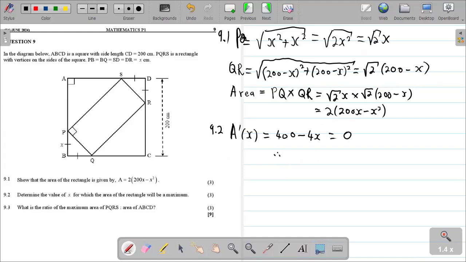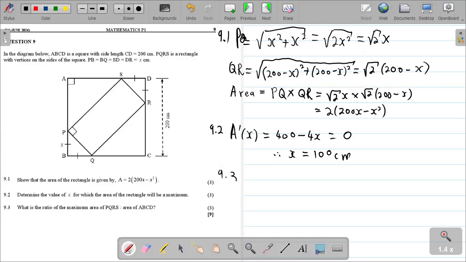Therefore we can take 4x that side. So x is going to be 100 centimeters. So that's the value of x.